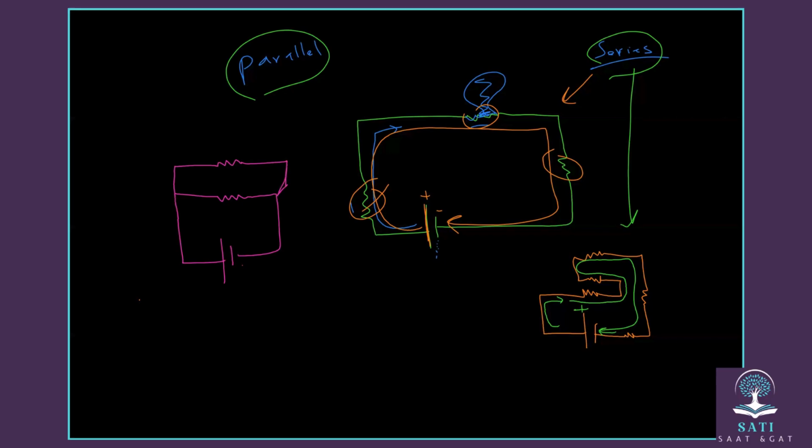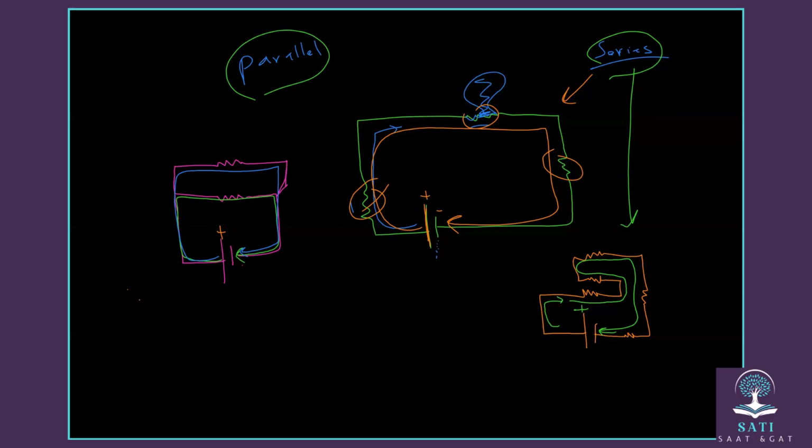In this case, how many ways does the current have to move through the circuit? It can move this way and come back to the original battery, or it can move through this way as well. So it has two ways to move through.